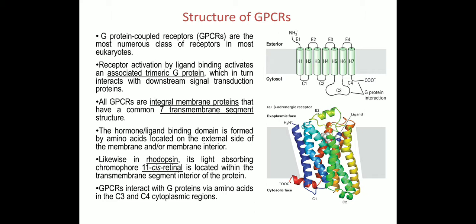Then there are E1, E2, E3, E4, which are 4 extracellular segments. Then C1, C2, C3, C4 are 4 cytosolic segments, and the carboxyl terminal is attached to the last alpha helical region.